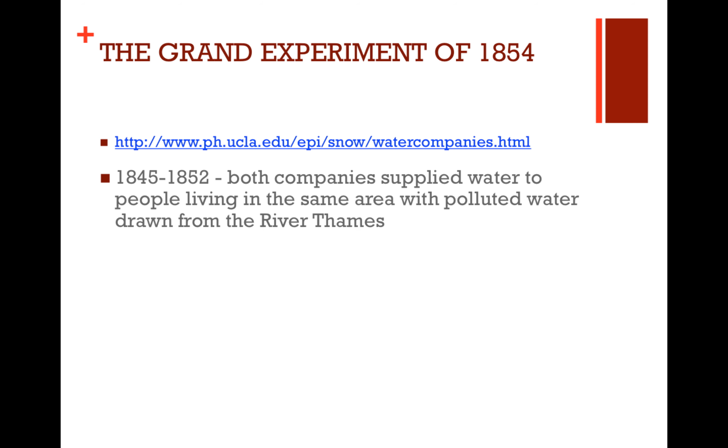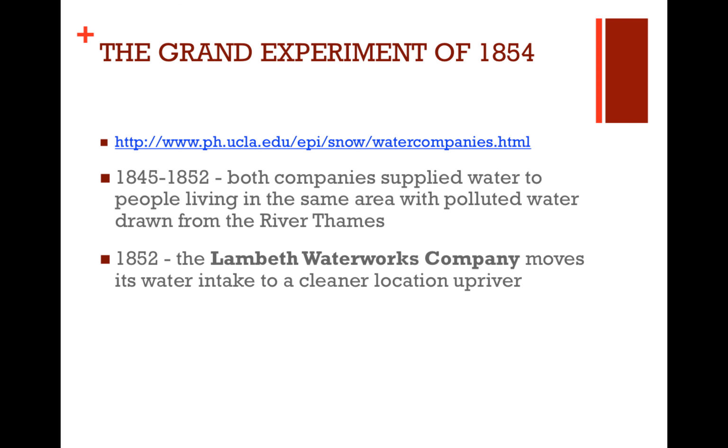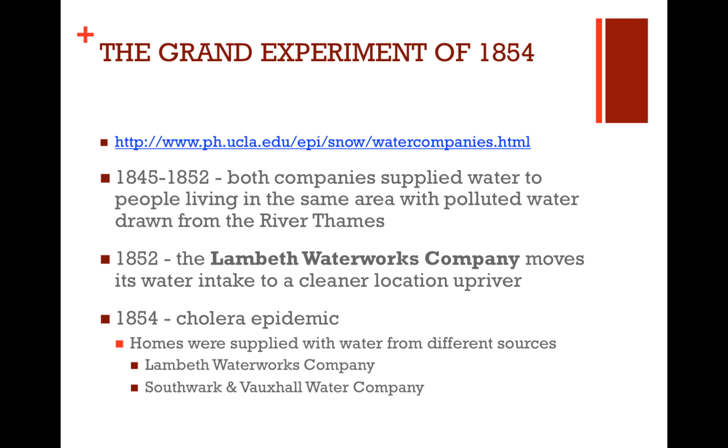Then in 1852, the Lambeth Waterworks Company decided to move its water intake upriver to a cleaner location, while the Southwark and Vauxhall Company left its intake at the same contaminated location. When the next cholera epidemic appeared in 1853 to 1854, some neighbors were unknowingly receiving cleaner water from the Lambeth Company, while others consumed more polluted water from Southwark and Vauxhall.